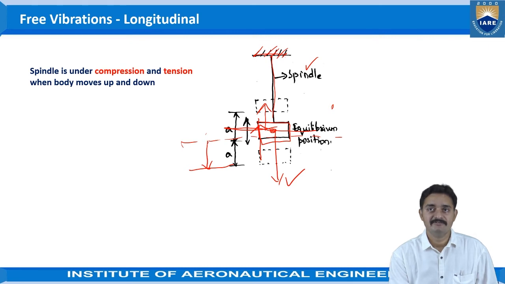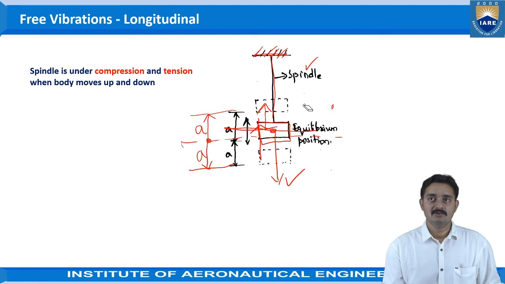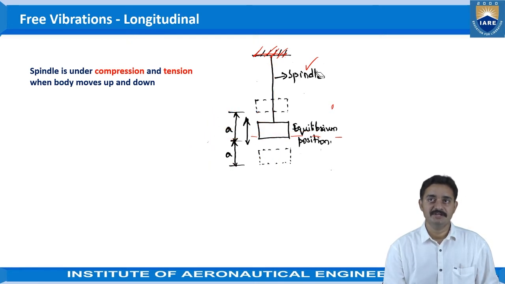If we leave that object or bob, it will not stop here and it will move in the opposite direction. That distance is A, which will also be the amplitude. So this is how the longitudinal vibration is treated.